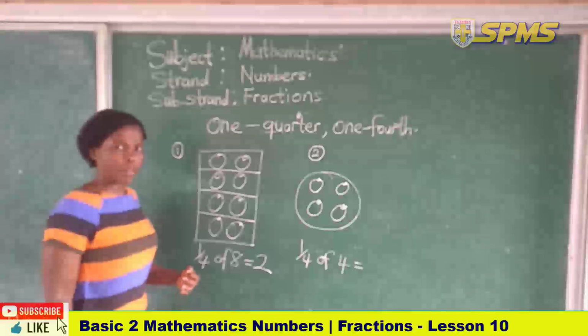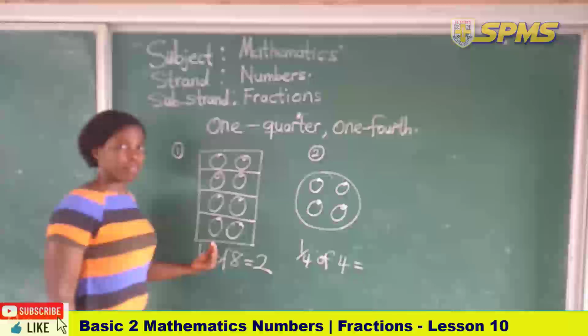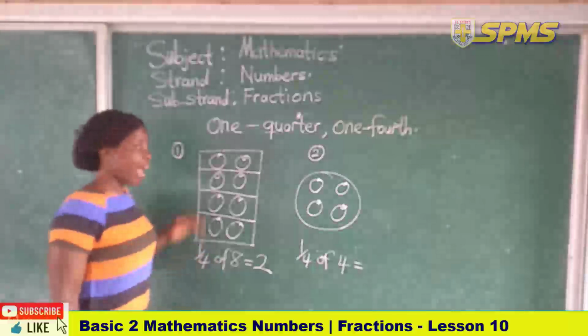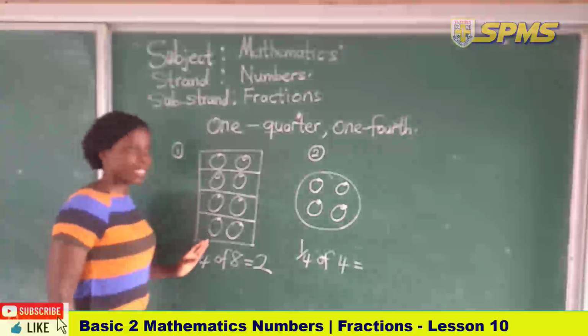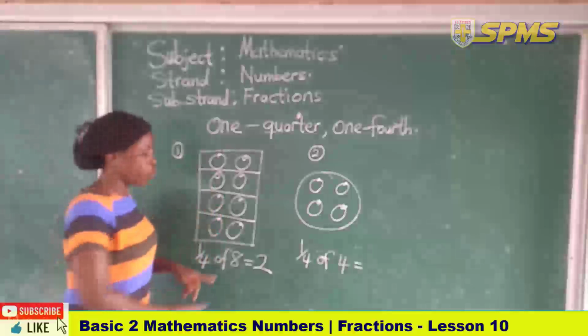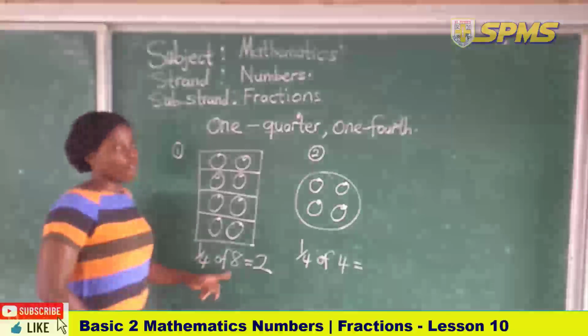Hope you are following. The items in this group are 8. You've been asked to divide them into 4 equal parts. After dividing them into 4 equal parts, how many oranges do you get in 1 quarter? You get 2. That is the meaning of quarter of 8.